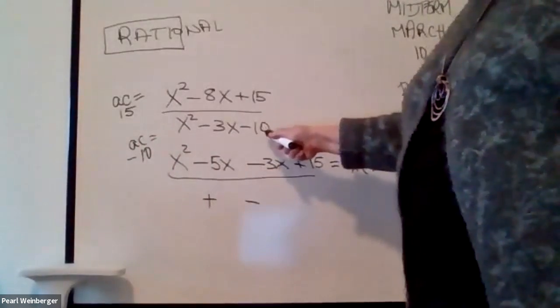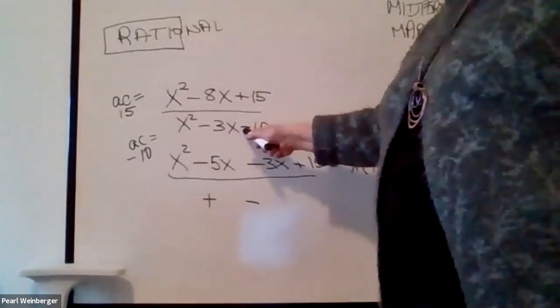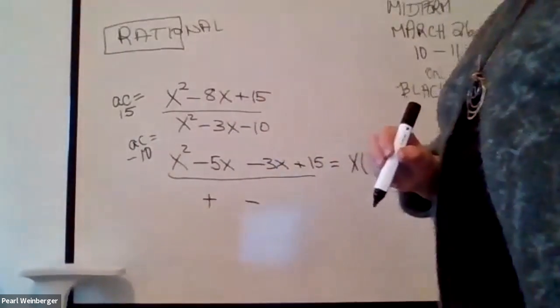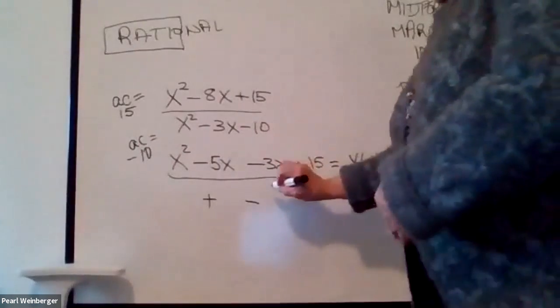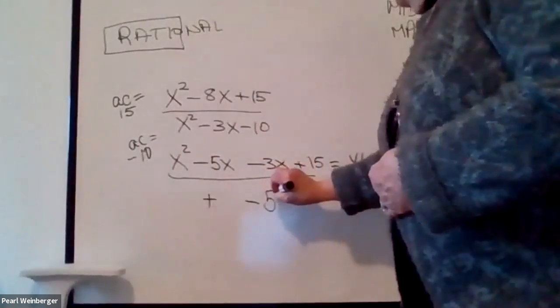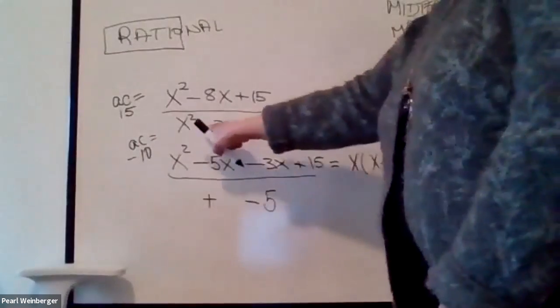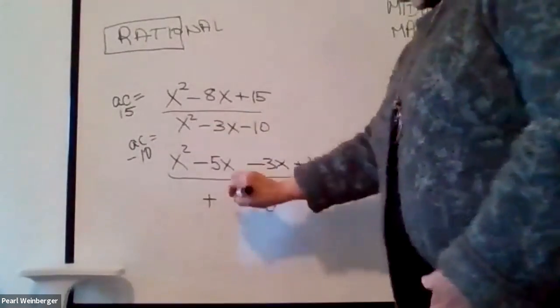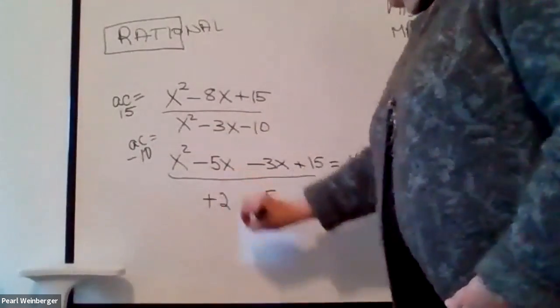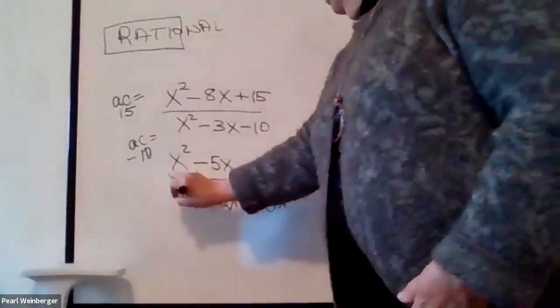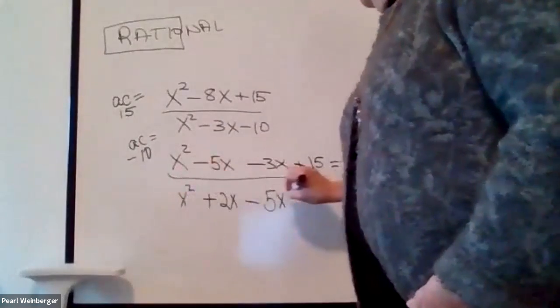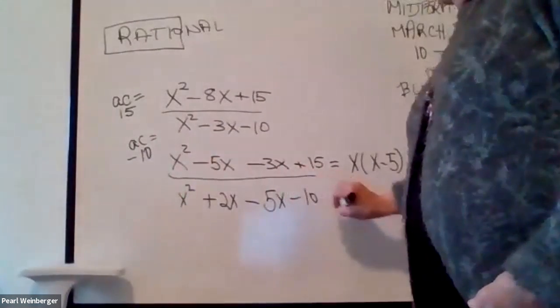And I need numbers that multiply to 10, but when I subtract them, they'll give me 3. So obviously that's 5 and 2. And it's the 5 that's going to be the negative one because the larger one is going to have to be negative. And the 2 is going to be the positive. Here are my x's that I put next to it. Here's my x squared. Here's my negative 10.